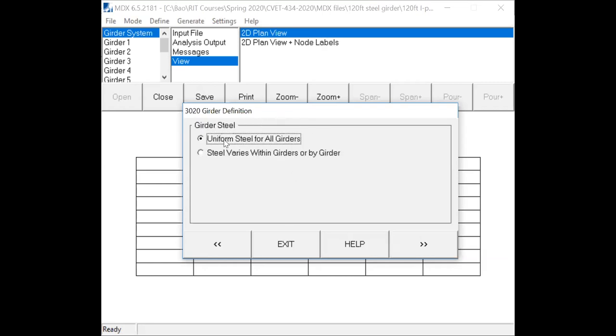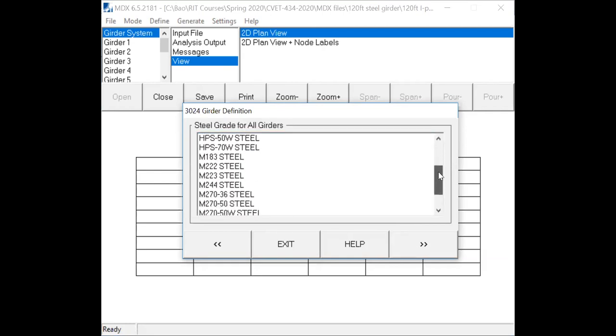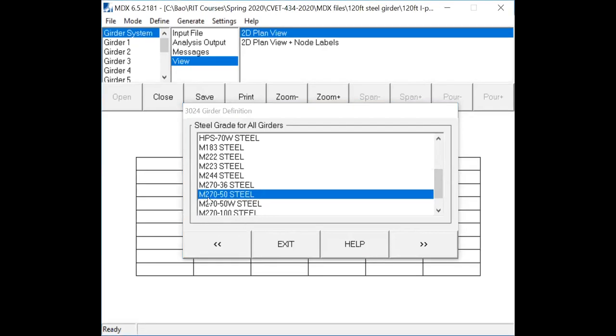For girder steel, we use uniform steel for all girders, and specify the girder steel by grade. Use that option, then go down and choose the girder steel that we use, which is M270 grade 50 steel, and go to next.